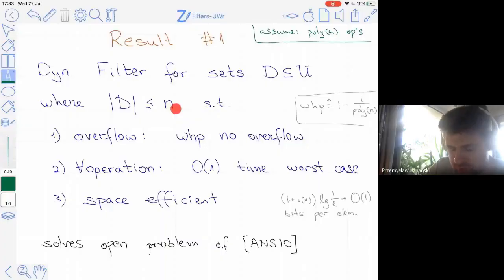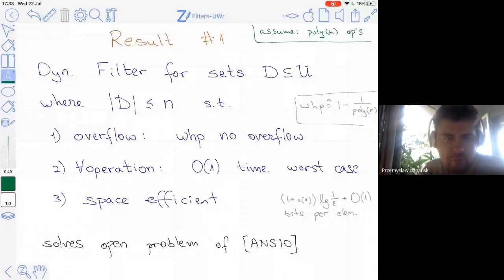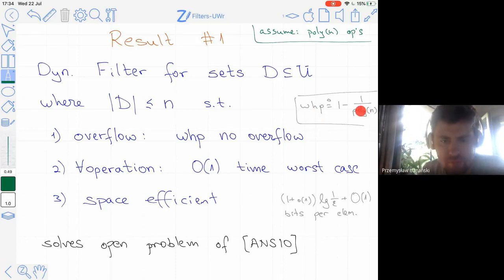And overflow means that if you allocate some memory, and during the course of the execution of the algorithm over a polynomial sequence of operations, the space is not enough. So for some reason, at some point, you don't have enough space. That's called an overflow. And the probability of overflow is small. So with high probability, you don't have any overflow. High probability meaning here 1 over polynomial in n. Okay?